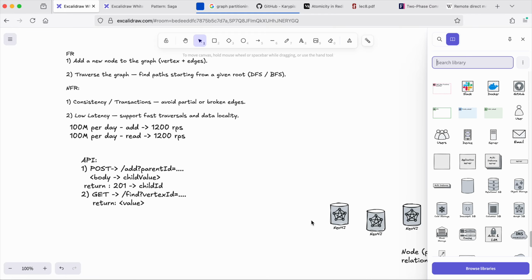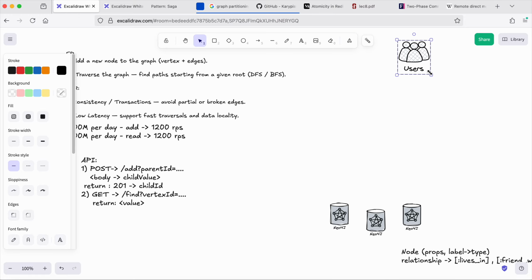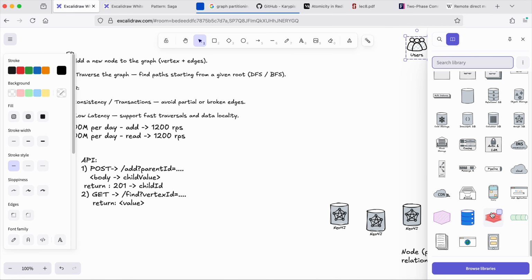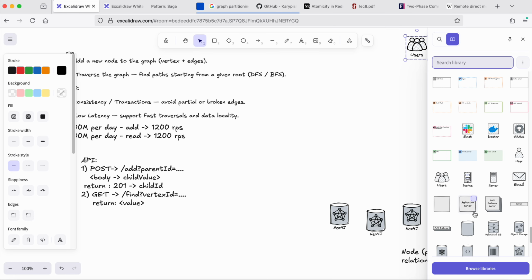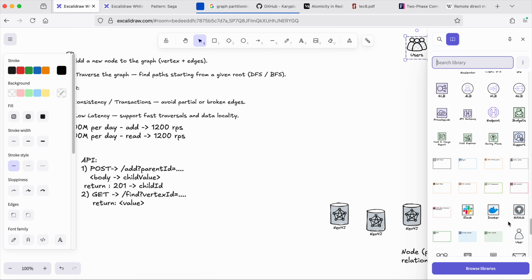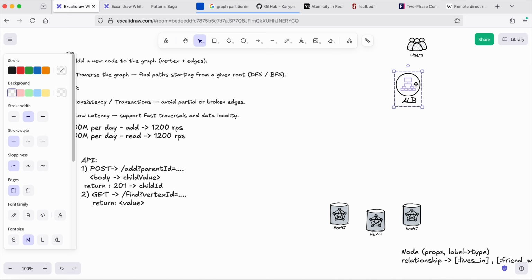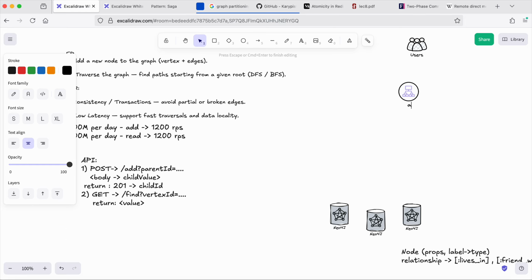So that's our backend, and here we have the users, which are going to send data to some load balancer. Probably that should be some API gateway. Let me modify it to API gateway.